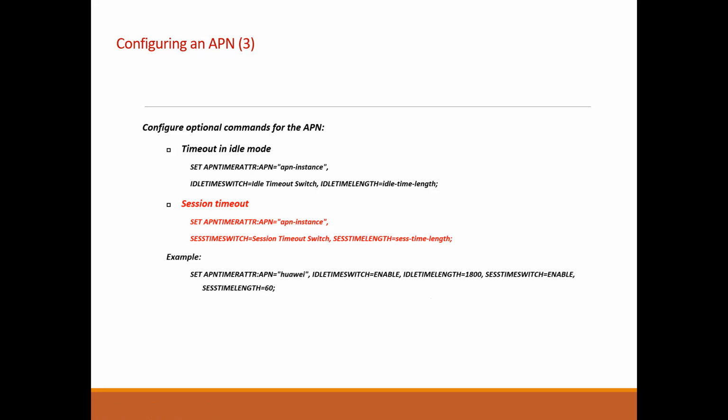Or if you want to offload a user, a very good example was given by a friend of mine: when they wanted to cut over from one GGSN to another PGSN, or from one PCRF to another PCRF, they configured this timer to a lesser amount of time, like 4 hours or 5 hours. So even if a user is continuously using the data services for 5 hours, his session is going to be disconnected after 5 hours.